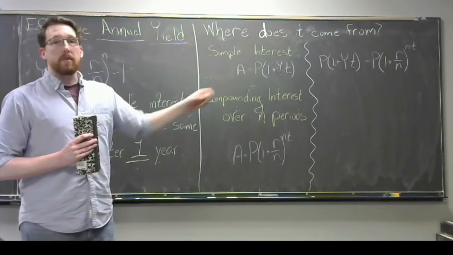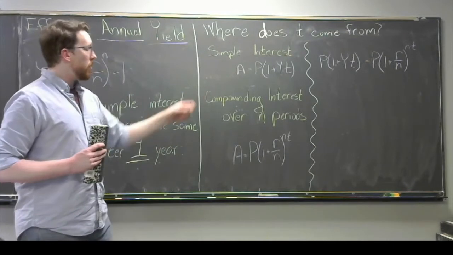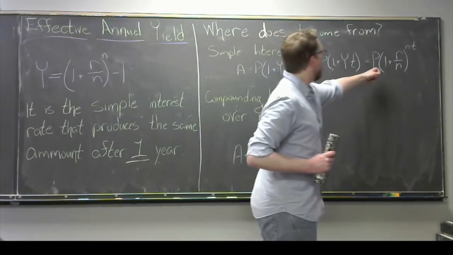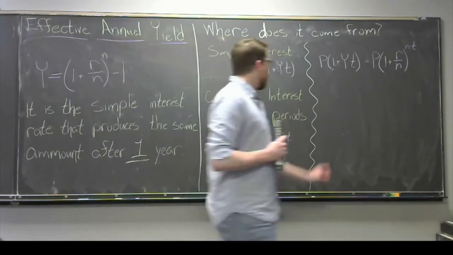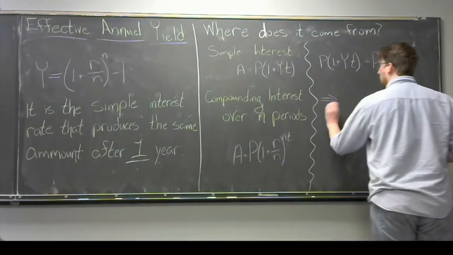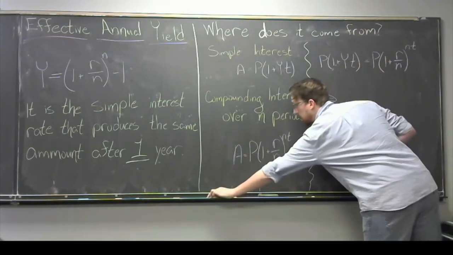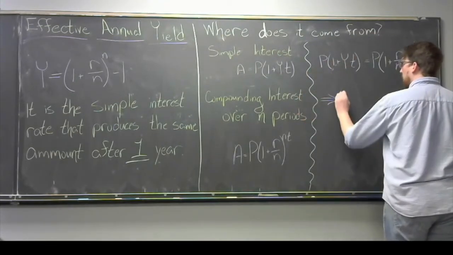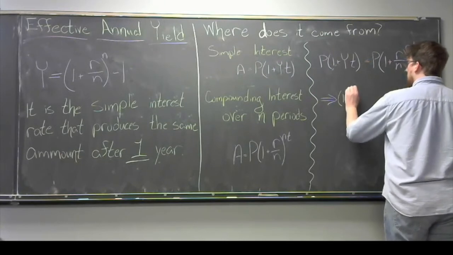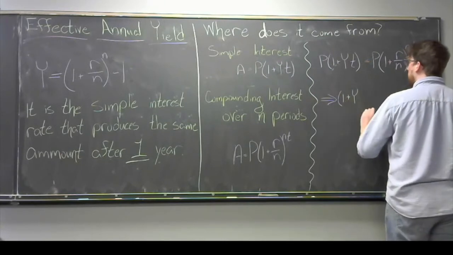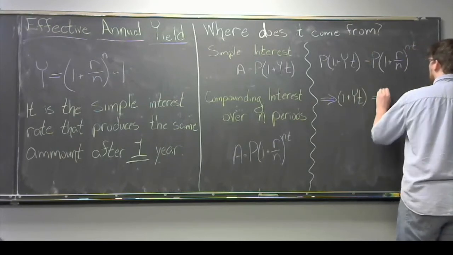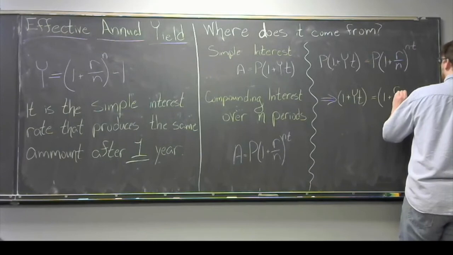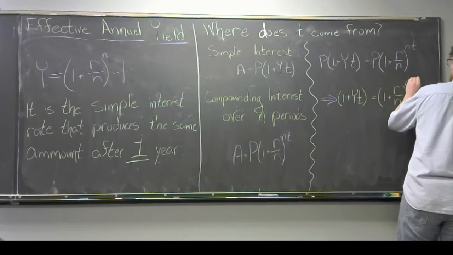All right, we want to simplify this. The very first thing we can do is divide both sides by P. When we do that, we find that 1 plus the yearly simple interest rate times t is equal to 1 plus the compounding interest rate divided by the period, raised to the period times time.